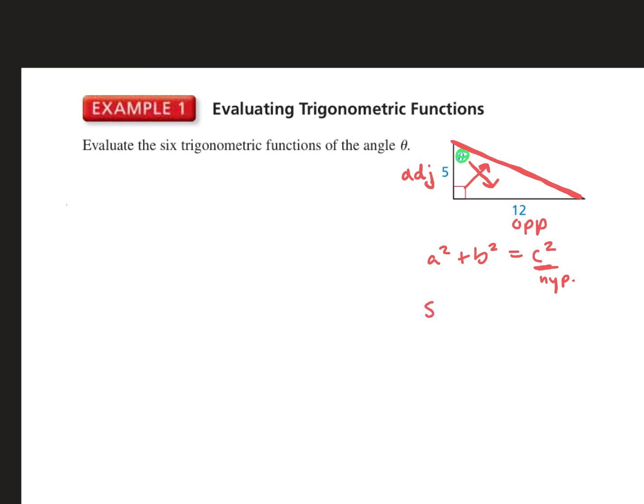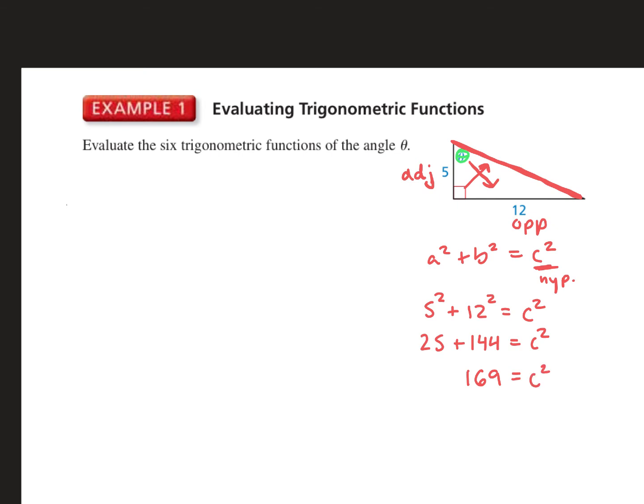So we have 5 squared plus 12 squared is equal to c squared. What's 5 squared? 25. What's 12 squared? 144. That's equal to c squared. So it's 25 plus 144, 169.